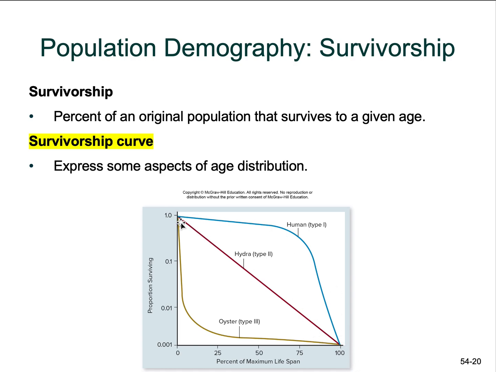From birth, they have a really high survival rate. If this is percent of maximum lifespan, it's not in years, but let's say it was. A lot of humans live because their mom is nursing them, et cetera. They're not just left there when they're born like other animals. They are nurtured, and then around 75 or 80 years, humans start to die.